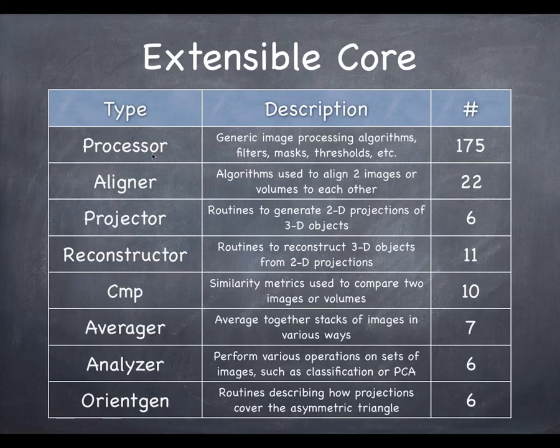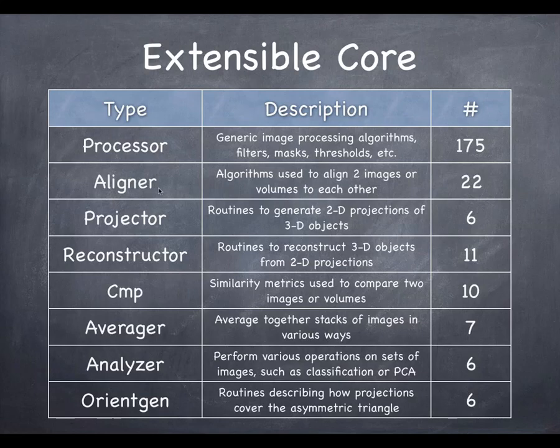So for general purpose image processing, it has processors, which do things like apply filters, masks, thresholding operations, mathematical operations, that sort of thing. The number you see over here is the number of different algorithms in that category there are. So there are 175 different image processing routines that you can apply to your image data. Some work on 2D, some work on 3D, some work on both. It just sort of varies. We'll go back and look at that a little bit more later.